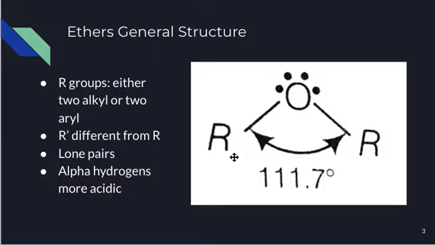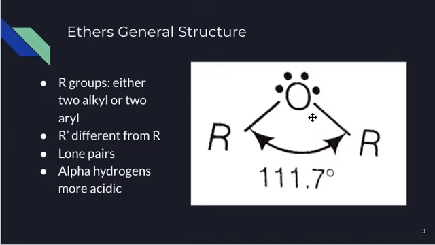And these two R groups can either be two alkyl or two aryl groups. Both alkyl and aryl groups are just alkanes, meaning single bonded hydrocarbon chains, those alkanes missing a hydrogen. It's the same thing, but it's missing a hydrogen because it's bonded to an oxygen, so that extra hydrogen is replaced with the oxygen in the ether group.